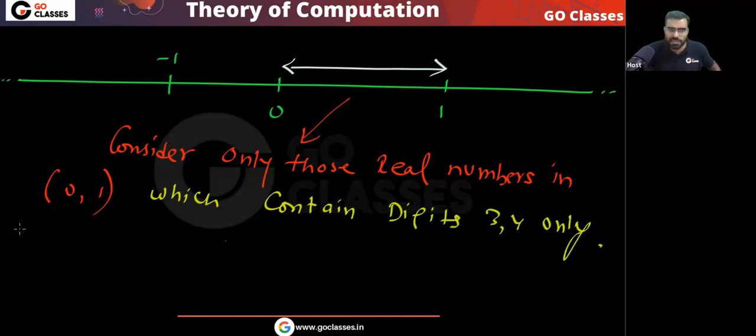This is the simple point I am saying: in this range, you consider only those real numbers which contain the digits 3 and 4 only.